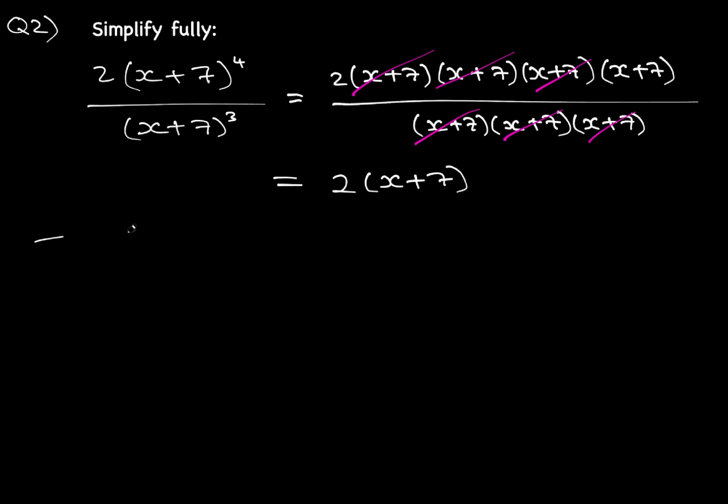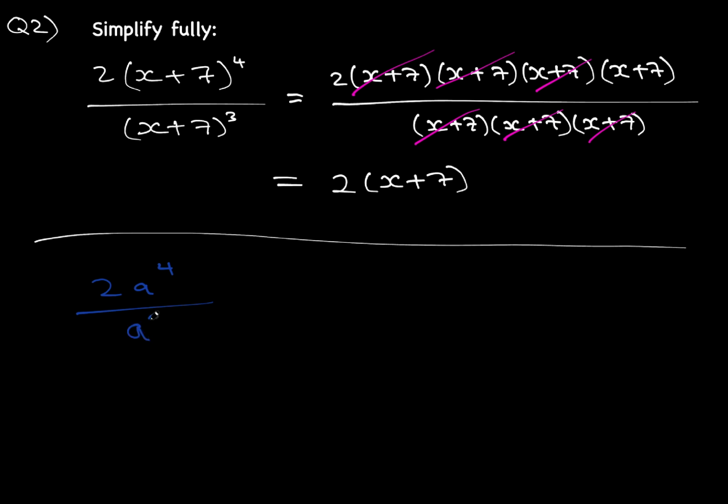Another way to think about it, which is probably a better way, even though the first way is better for understanding, is if we had, for example, 2a to the power of 4 over a to the power of 3, well, you can just apply indices laws. So it's just simply 2 and then a to the power of 4 divided by a to the power of 3, which is just a to the power of 4 minus 3, which is a to the power of 1.